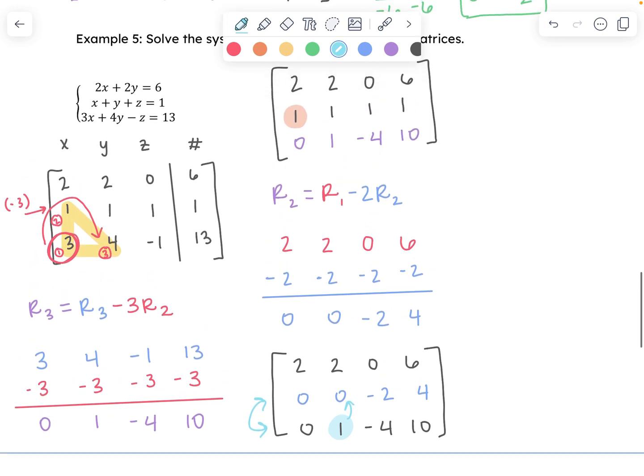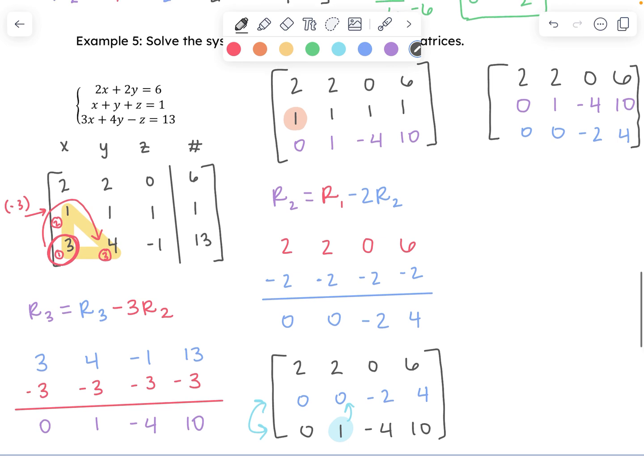So when I rewrite my matrix up here, I'm still going to have 2, 2, 0, 6. But now this row is going to be 0, 1, -4, 10. And the bottom row is going to be 0, 0, -2, 4. That gets me that bottom triangle of zeros that I was looking for.